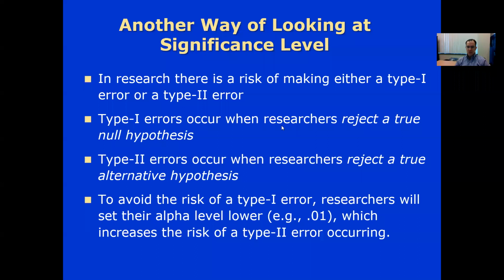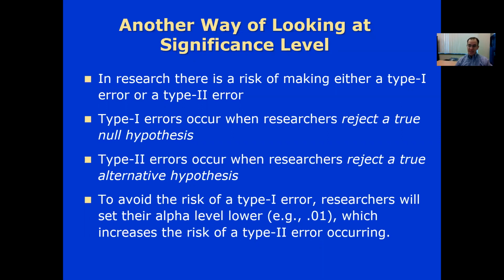The other is a type 2 error, when researchers reject a true alternative hypothesis. The statistics indicate there was really no difference between the two variables or the outcomes, but in reality, there really was a difference, and that would be a type 2 error. Now, to avoid the risk of a type 1 error, researchers will set their alpha level lower, for example, at 0.01.